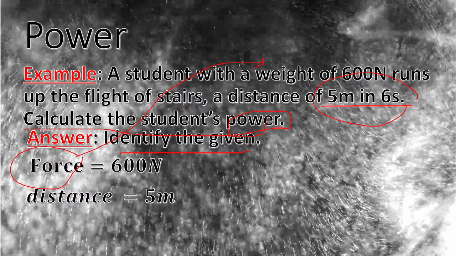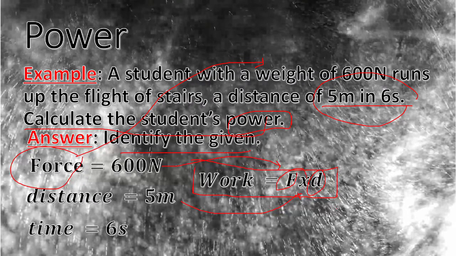And we have a distance, which is 5 meters, and the time taken is 6 seconds. Then we need to solve for our work done. Work done has a formula of work equals force times distance. So we just multiply our force, 600 newtons, times the distance, 5 meters. Then you will get the answer of 3000 joules.